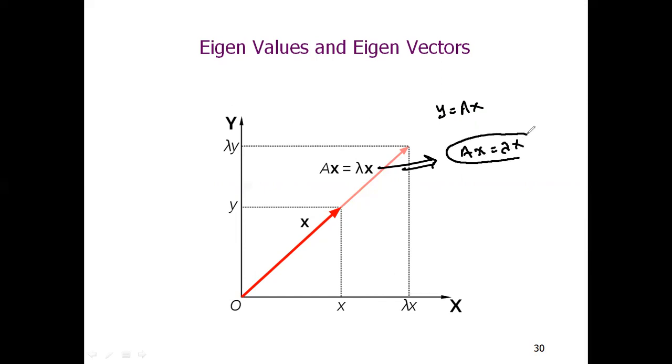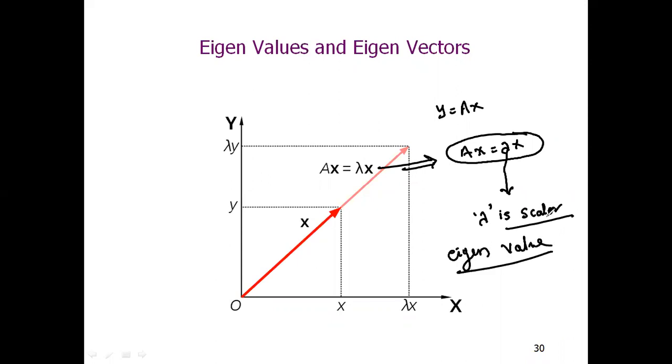Here that lambda is nothing but some scalar, and that lambda is called the eigenvalue. Now, how to find that eigenvalue is different.